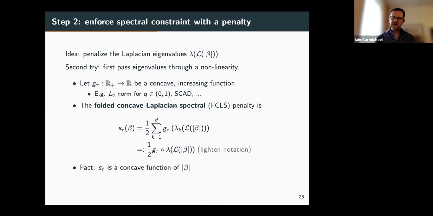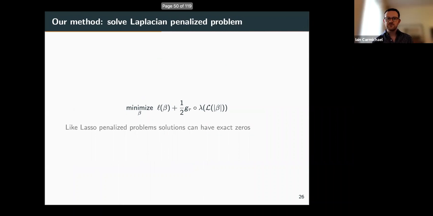An important feature of this penalty is that it is not a convex function. It's not even a concave function, but it's concave in the absolute value of beta. In the literature, this is why we call it folded concave; that's where the word folded comes from. That's also going to play an important role in our algorithm design.